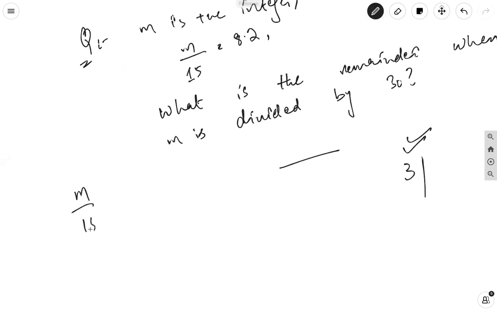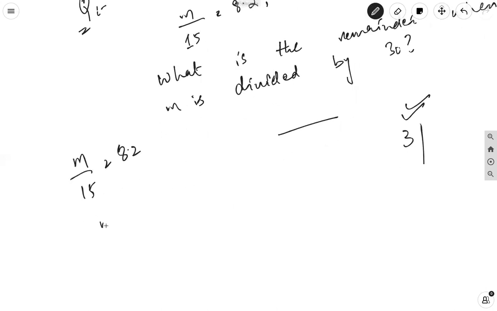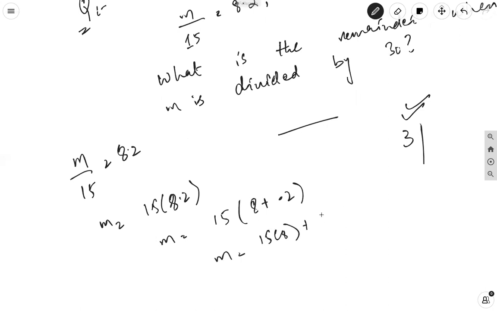M over 15 is equal to 8.2. You can also write this as M is equal to 15 into 8.2. This can also be written as M is equal to 15 into 8 plus 0.2. This will be equal to 15 into 8 plus 15 into 0.2.